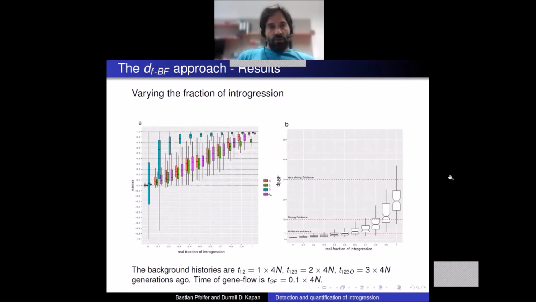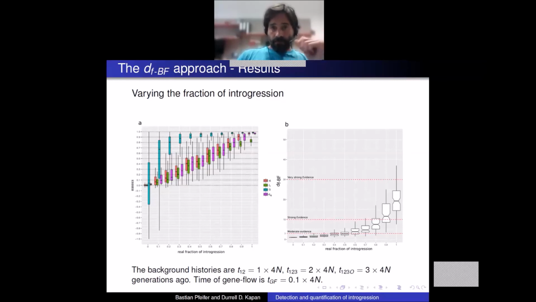Simulation results indicate that the model parameter DF theta quite accurately quantifies introgression, similar to the DF statistics we have proposed.